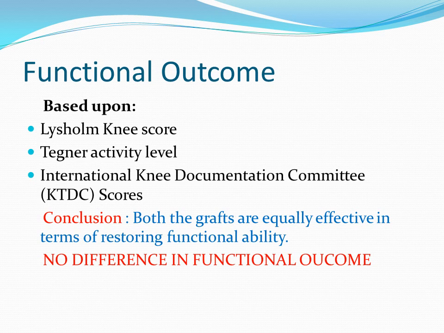Functional outcome was based upon Lysholm knee scores, Tegner activity level, and International Knee Documentation Committee scores. The conclusion was both grafts are equally effective in restoring functional ability. No difference in functional outcome.